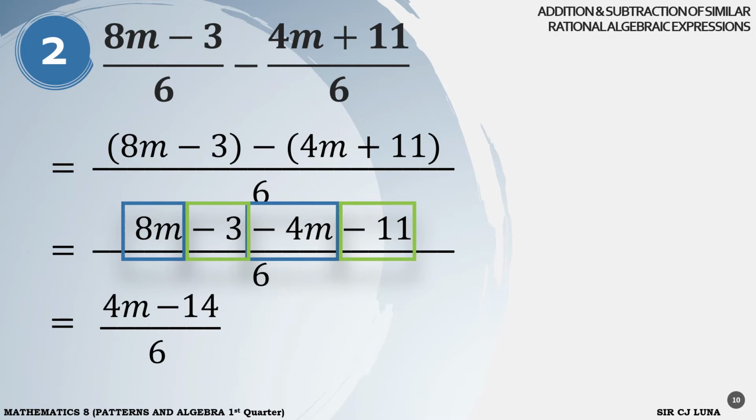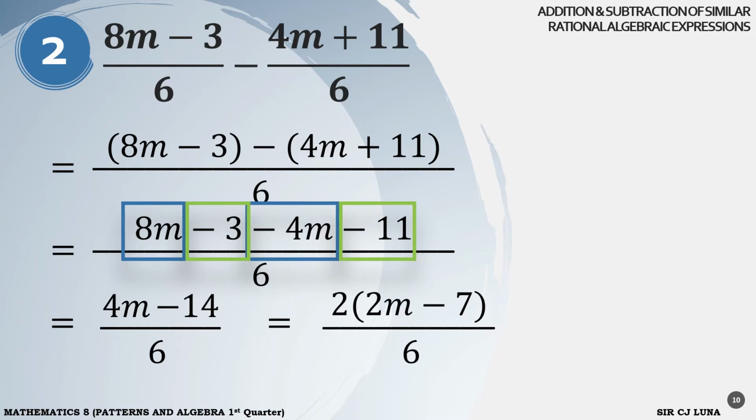We can factor the common monomial factor. Right? 4m and negative 14 have something in common. Correct, their common factor is 2. So we will factor out 2 and then get the second factor, which is 2m minus 7, and copy 6.